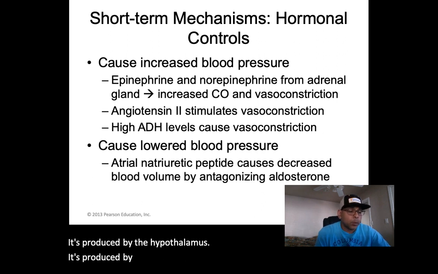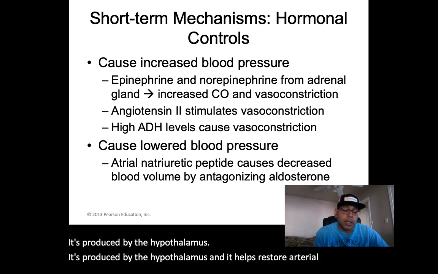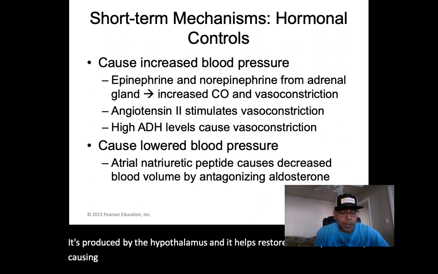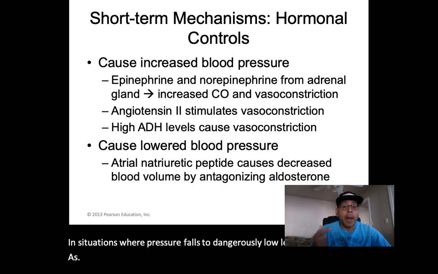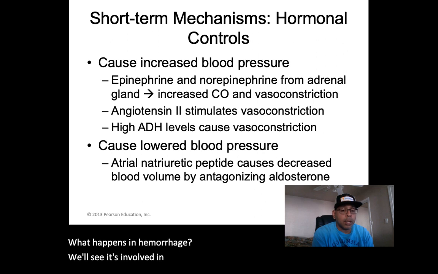And it helps restore arterial pressure by causing intense vasoconstriction in situations where pressure falls to dangerously low levels, as what happens in hemorrhage. We'll see it's involved in long-term regulation more.